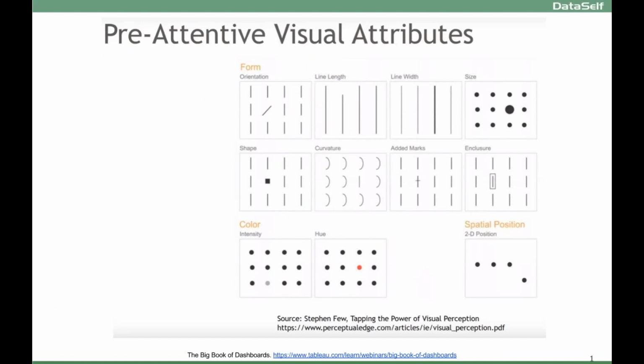So when you're building reports and dashboards, depending on what you're trying to do, you should maximize these pre-attentive visual attributes because they'll help your users get to the point of your report and dashboard very, very quickly. So pre-attentive is one of the most important concepts you should know when you're building your visualizations.